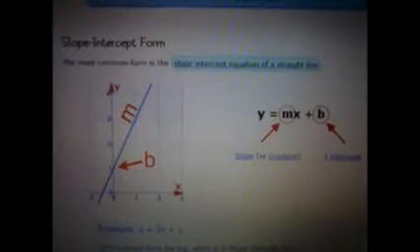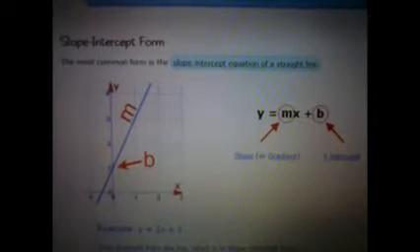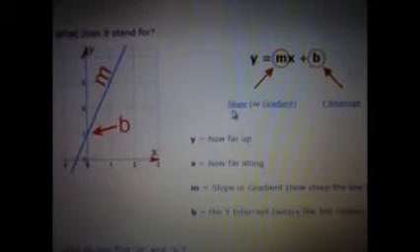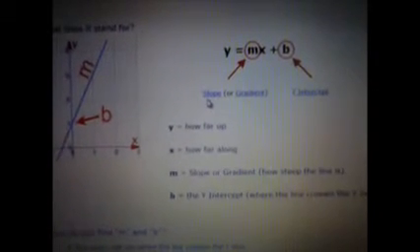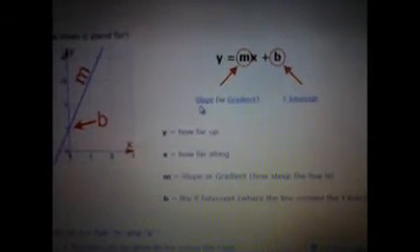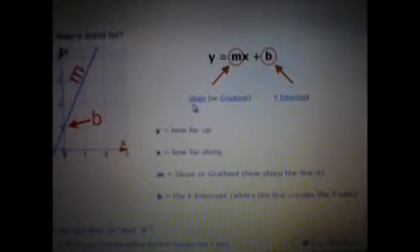You can also use the most common form, which is the slope-intercept form, in symbol y is equal to mx plus b, wherein y indicates how far up, x indicates how far along, m is the slope or gradient, or it indicates how steep the line is, and b is the y-intercept, which indicates where the line crosses the y-axis.